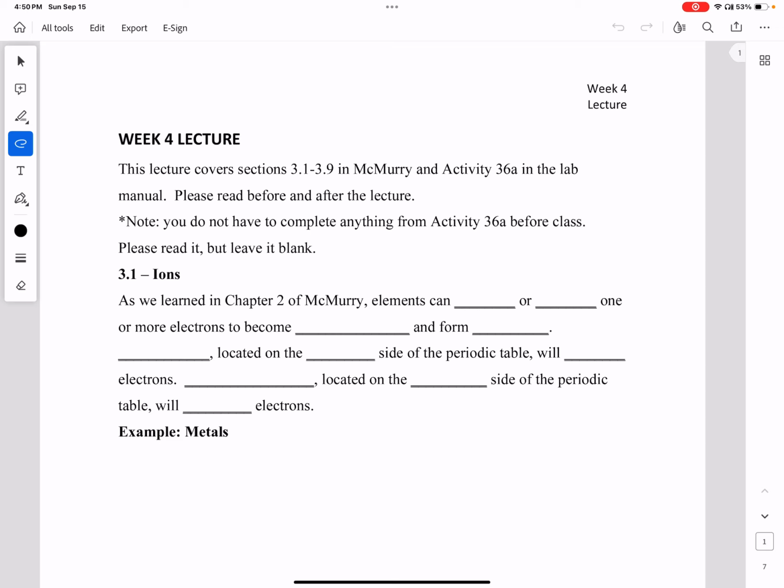So as we learned in chapter 2, elements can gain or lose one or more electrons to become charged and form what we call ions.